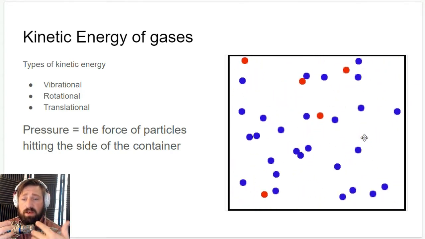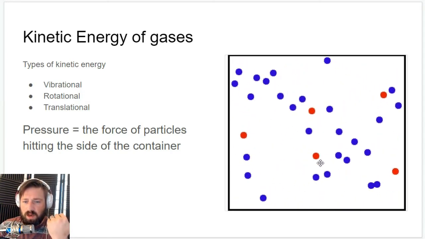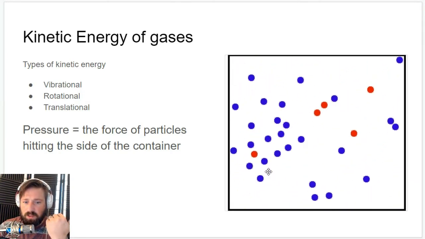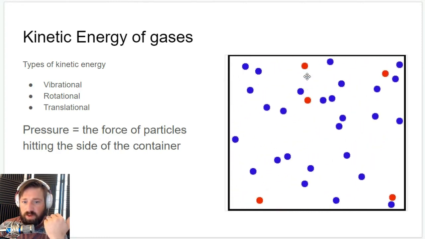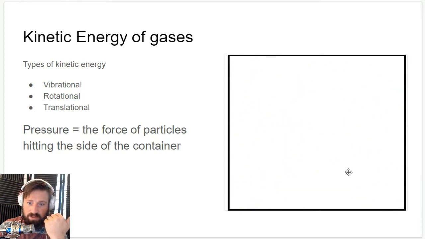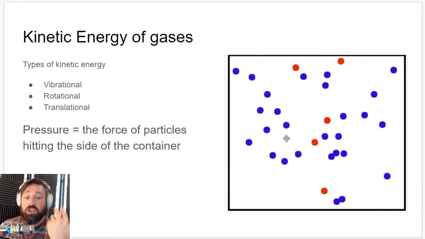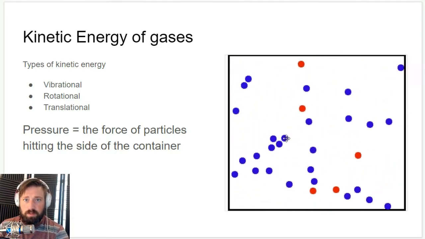They have different amounts of kinetic energy. This is why they're colored differently. Look at one of the red ones. You can track one of the red ones, and you can see it's fast, slow, fast. So it changes from fast to slow based on other particles hitting it.